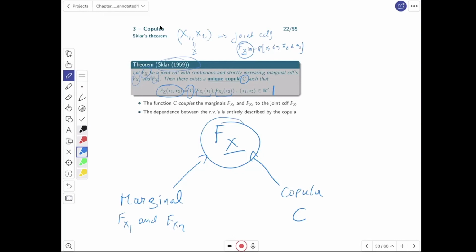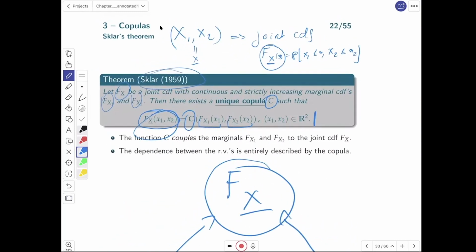So the seemingly very complicated problem of finding the joint CDF, because that joint CDF contains information on X1 only, on X2 only, and on how they move together, I can decompose into subproblems. Understanding X1, X2, and understanding how things move together, the function C, and if I solve these 2 subproblems, I can merge them together to get the joint CDF with Sklar's theorem.